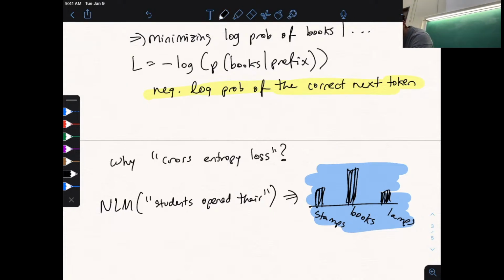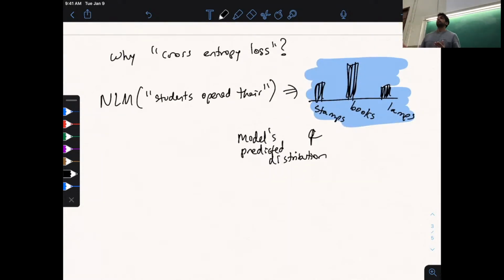So we will call it Q, the model's predicted distribution. So this is one thing that we get out of our model, but the other thing is the distribution that we observe in our training data.